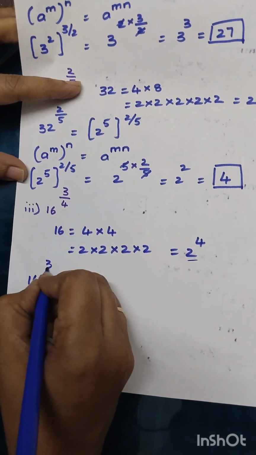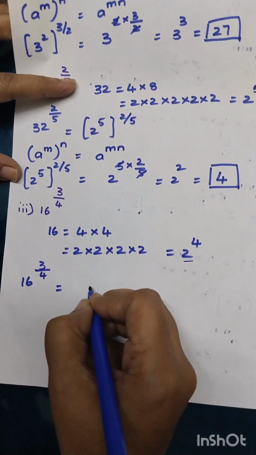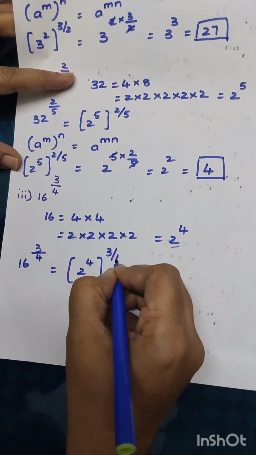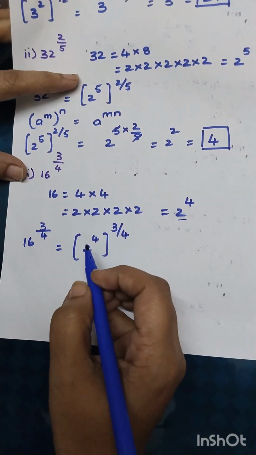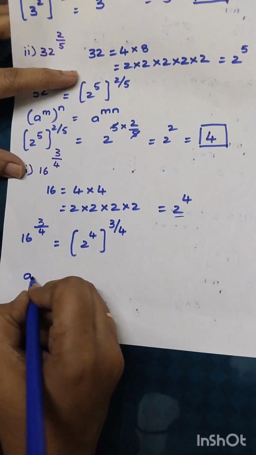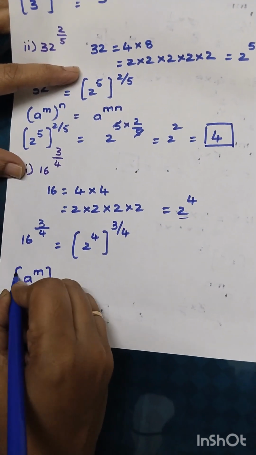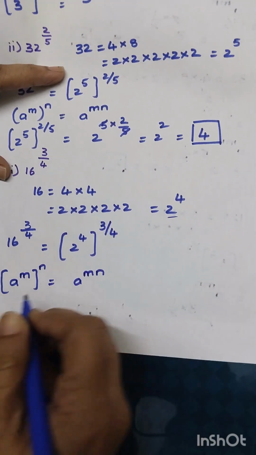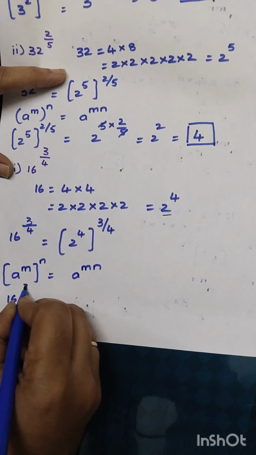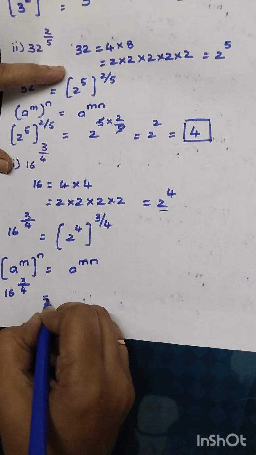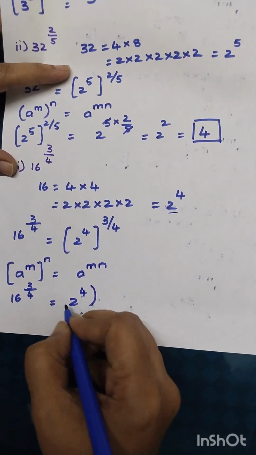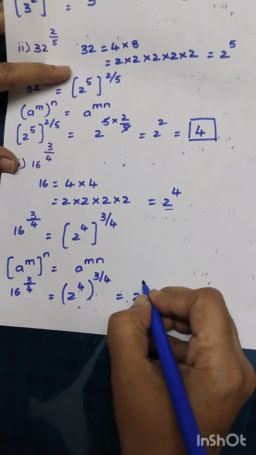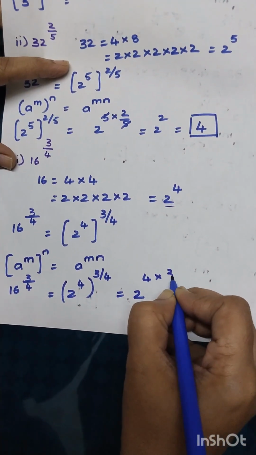16 power 3 by 4 can be written as 2 power 4 to the power of 3 by 4. So which identity are we going to use now? Yes, the same one. A power m whole power n gives us a power mn. So 16 power 3 by 4 gives us 2 power 4 to the power of 3 by 4, which can further be simplified as 2 power 4 into 3 by 4.